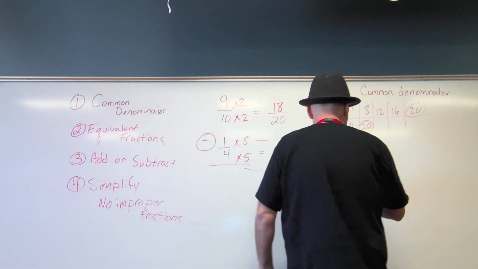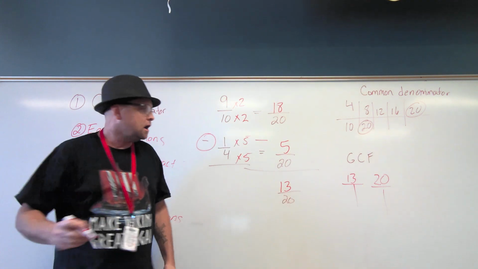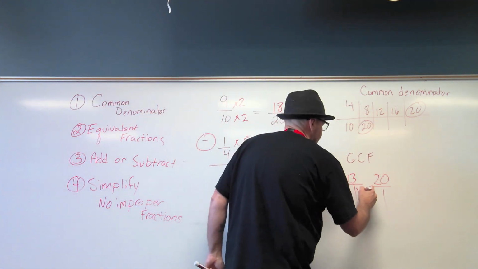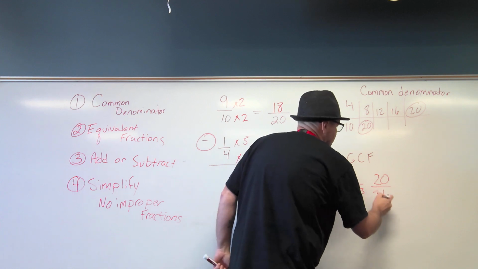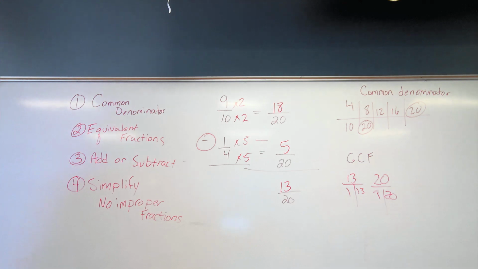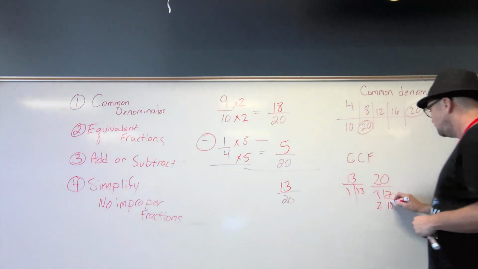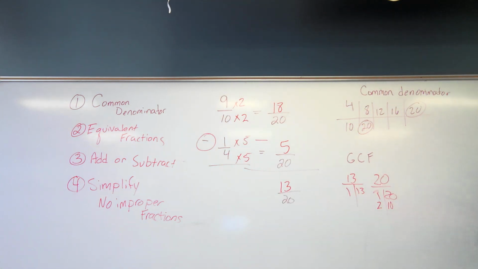I want to see if it can be simplified, so I look for the greatest common factor. I always start with 1 and the number. 1 and 20. Any other factors for 13? No. So it's what kind of number? Prime. 20, Jaden, give them to me. 2 times 10, and then 5 times 4.